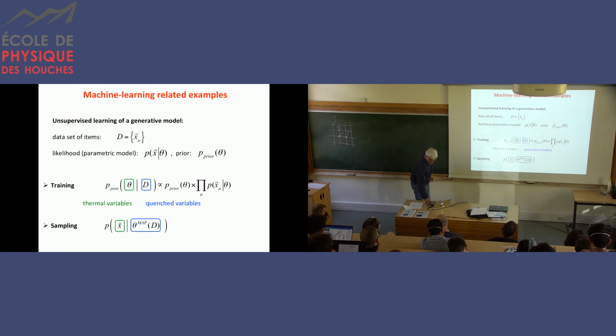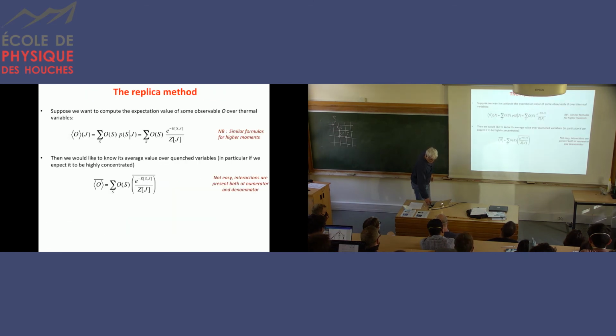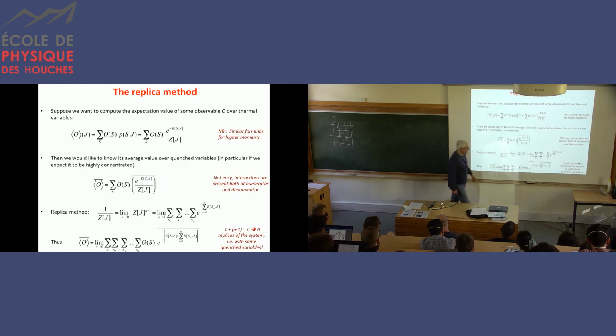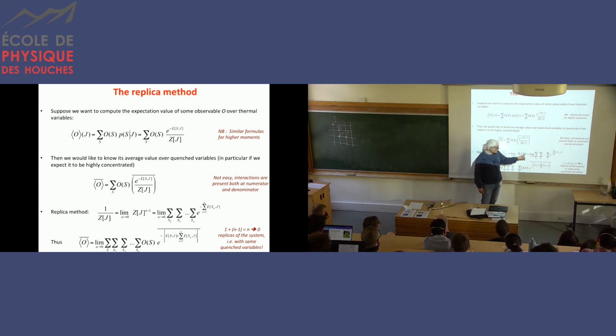So I can write the explicit expression for Z here. Since I have this to the power n minus 1, if n is an integer larger than or equal to 2, then I will introduce a certain number of copies of my system, and I need one for each power of Z. For instance, for n equals 3, that's Z to the 2. So I will need a first configuration which I call S2, and a second one which I'll call S3.